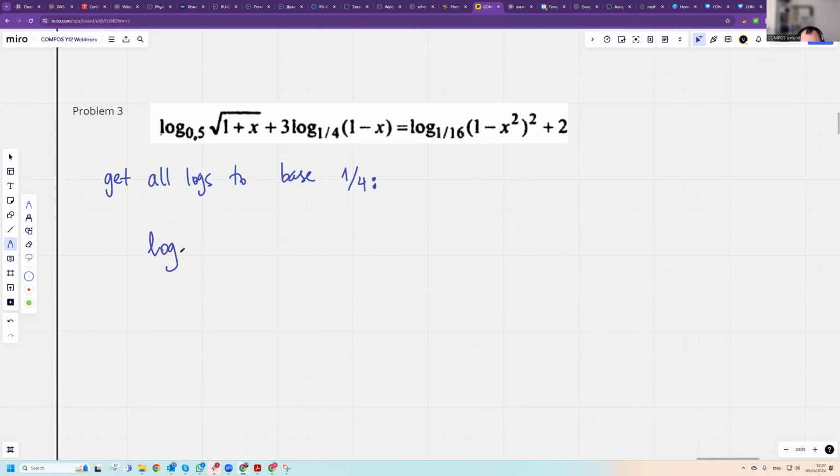So log base 0.5 of the square root of 1 plus x. Well, it could be written as log base 0.25 to the power 1/2.